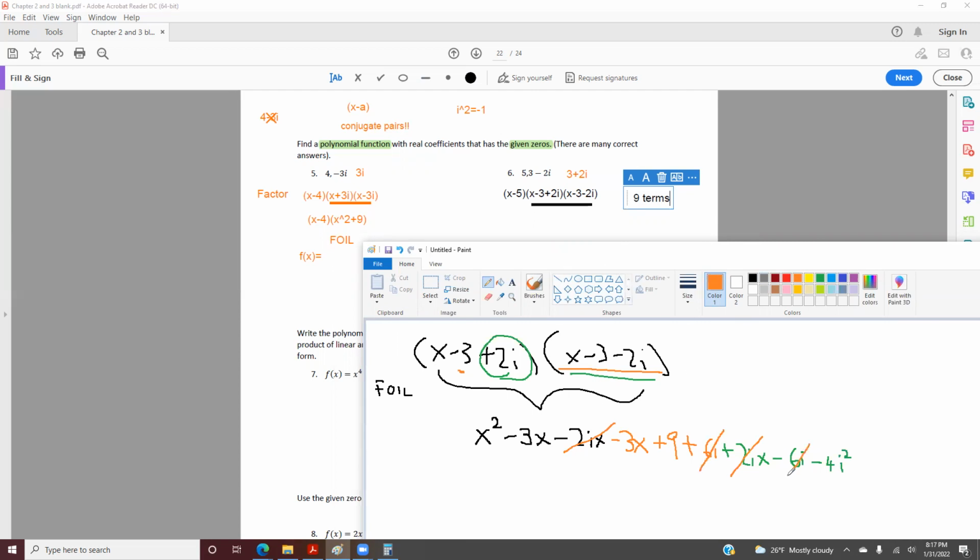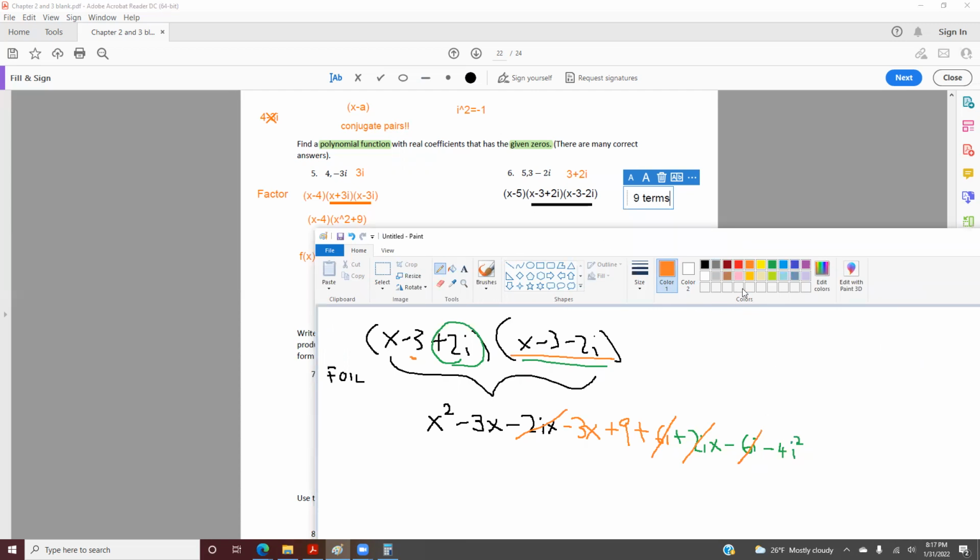The 6i will be canceled. And do we know i squared again? It's -1. Do you see any more i left over in this case? You did not see them, right? All the i's either cancel out or become -1.